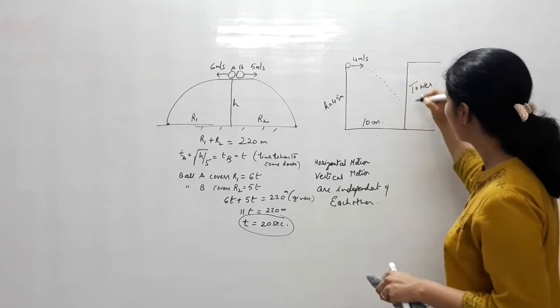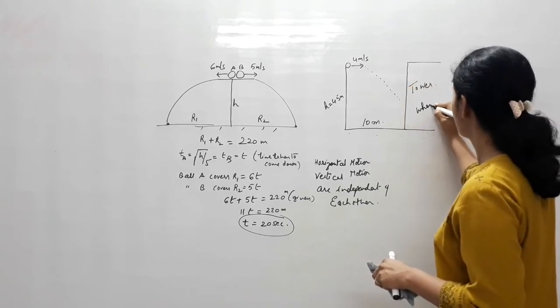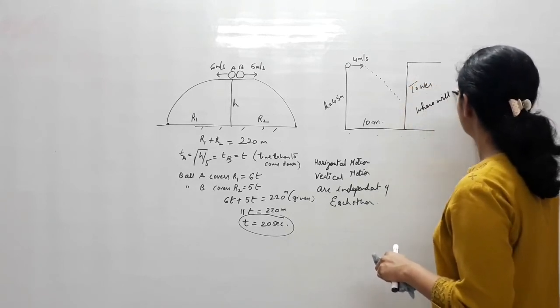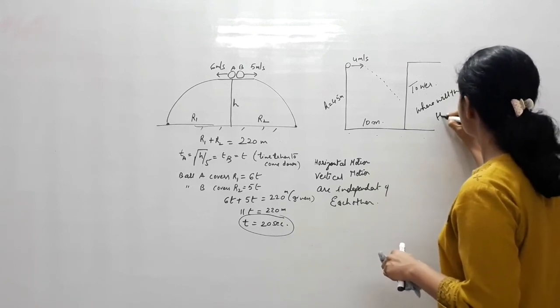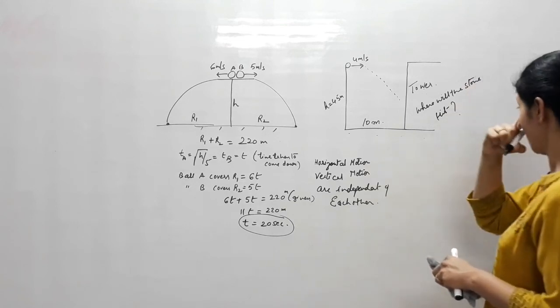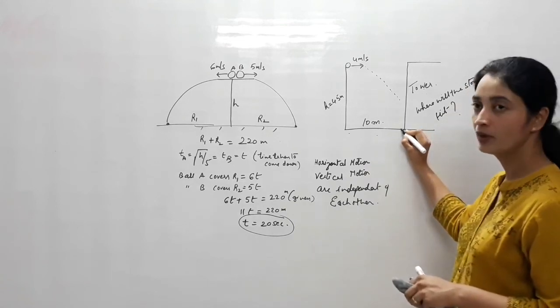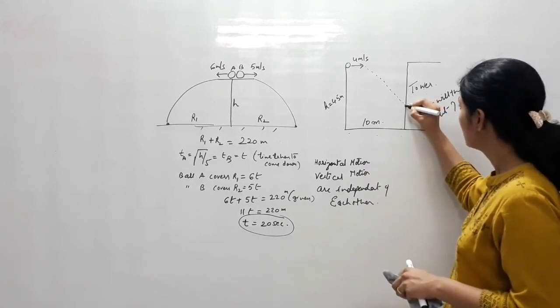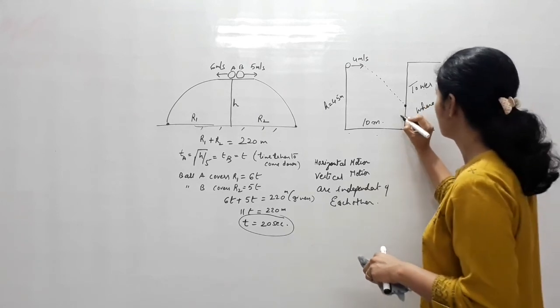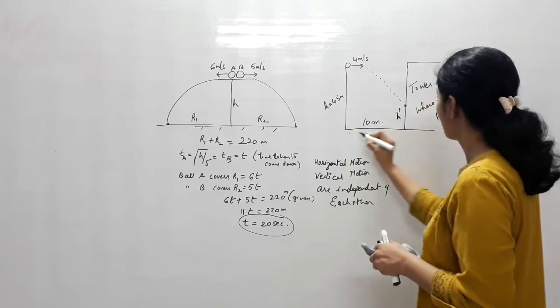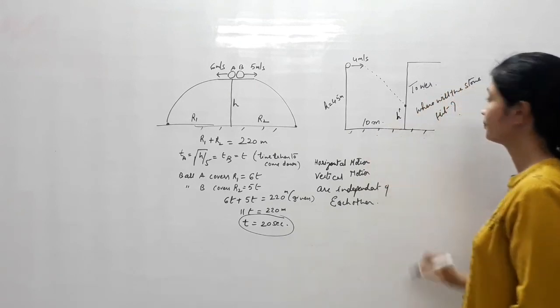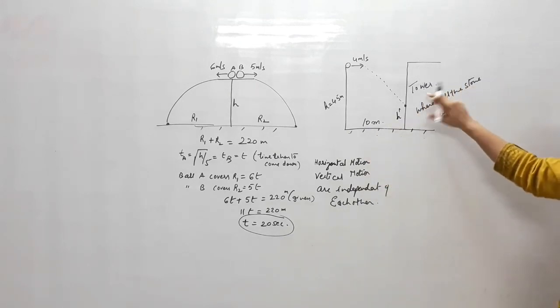And where will the stone hit? Will it hit the ground? Or will it hit at some height, let us say h dash, from the level of the ground? My question is, this is a tower.